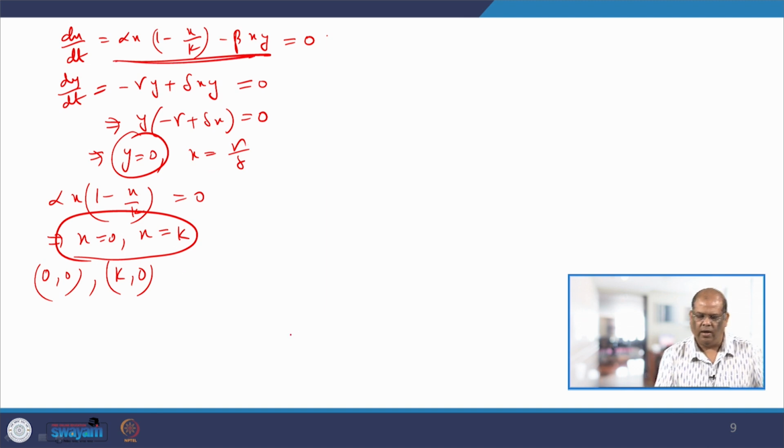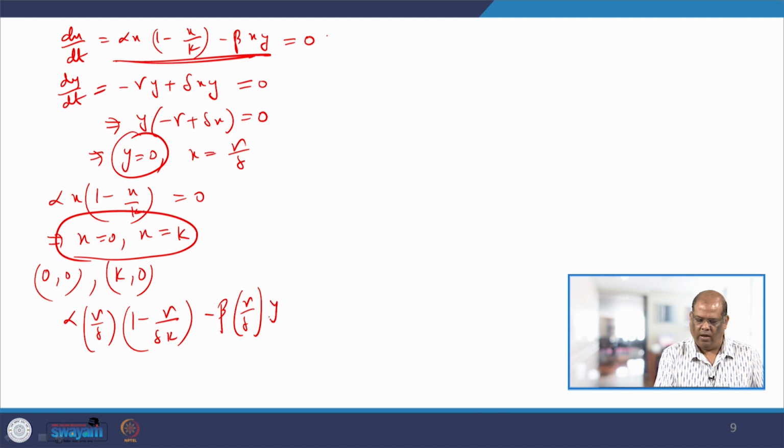Now, you substitute x equal to gamma by delta in the first equation. If you do that, you get alpha times gamma by delta times (1 minus gamma by delta k) minus beta times gamma by delta times y star, which I need to find.